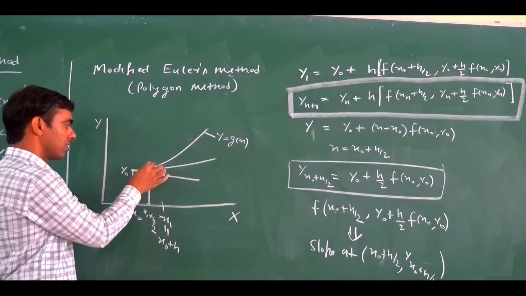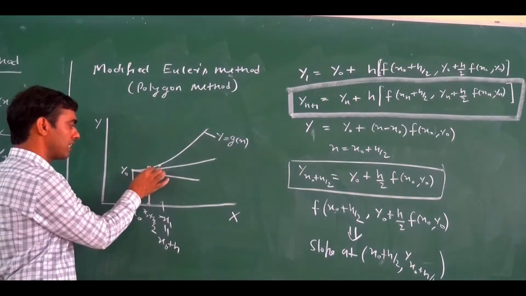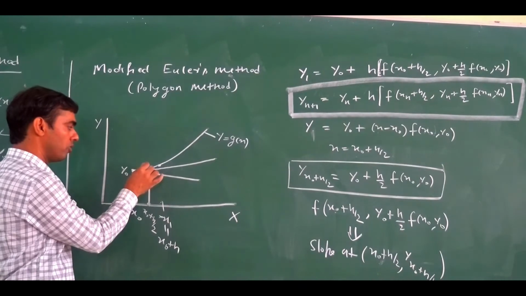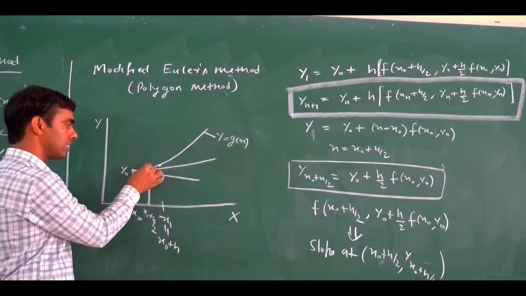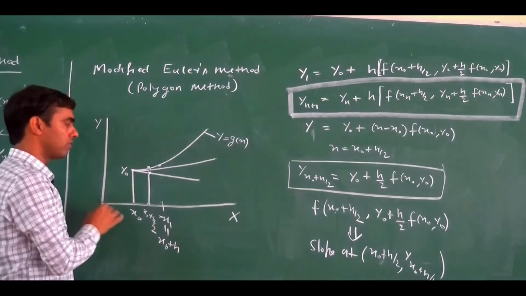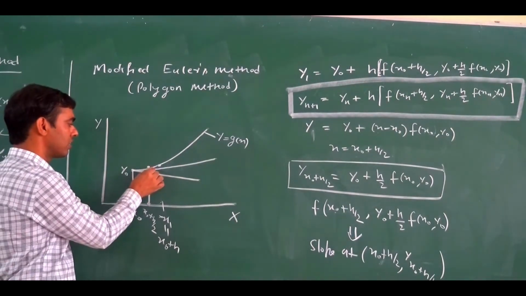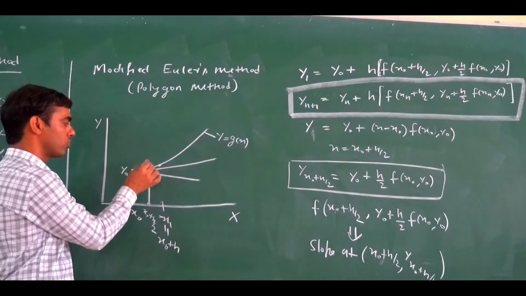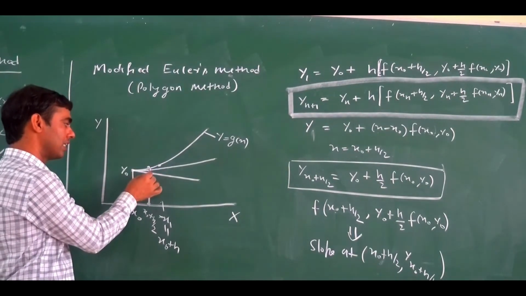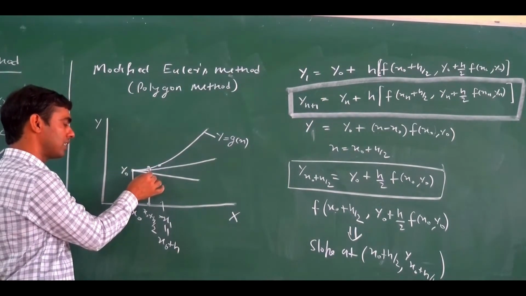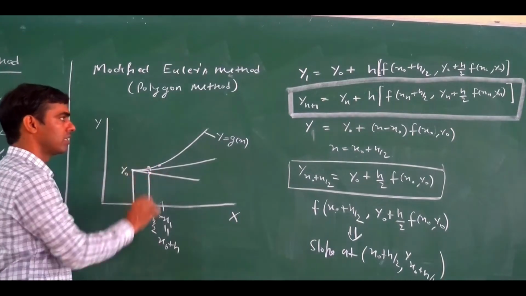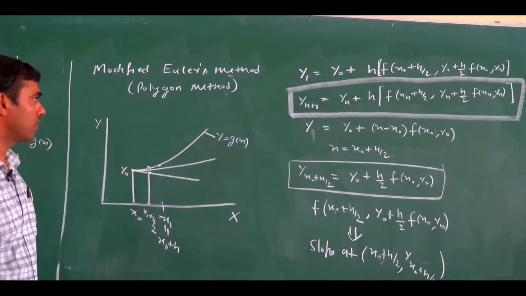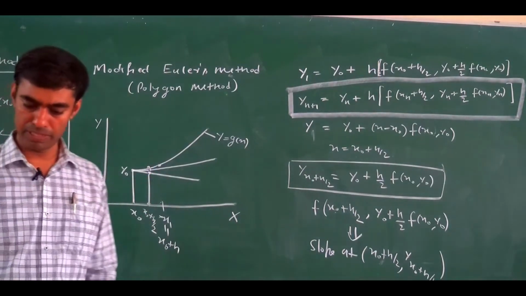The value from the modified Euler method lies between the value obtained by the Euler method and the actual value. Obviously this is closer to the actual solution, so the error that occurs by the Euler method is larger in comparison with the error we obtain if we solve a numerical problem using the modified Euler method.